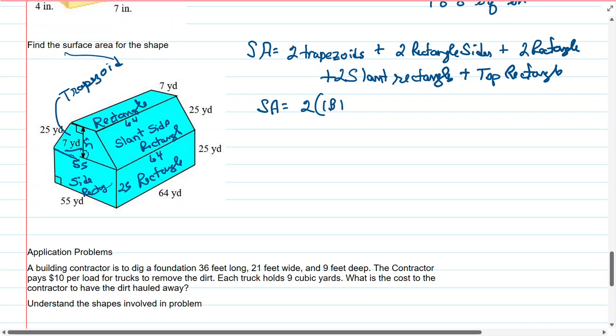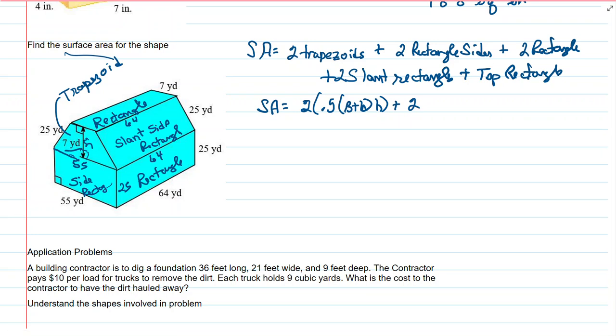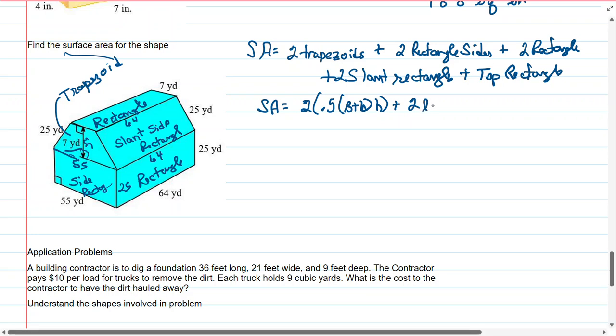So I'm going to have width is 55 and the height is 25 plus 2 times the length 64 and the height is 25 plus I got 2 slants. 64 is the length and the slant is the 25. And then I have the last rectangle, which is 64 times the 7.